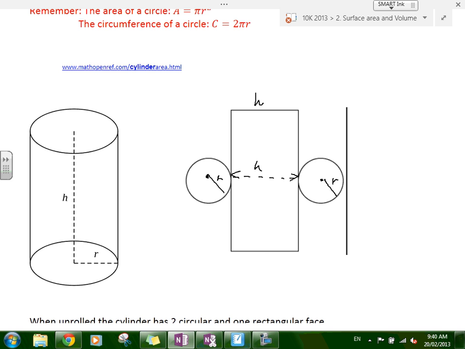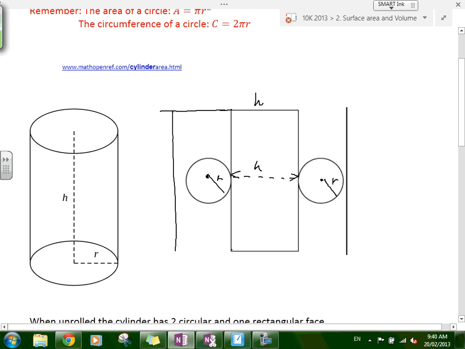The only dimension we need to know now is this one here.